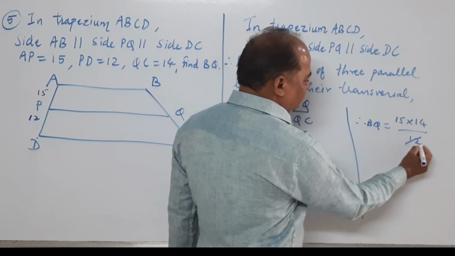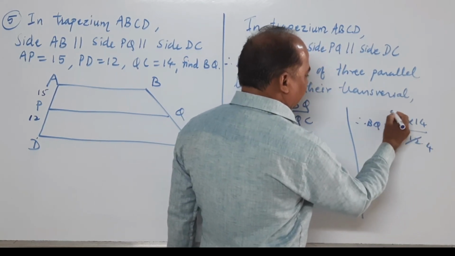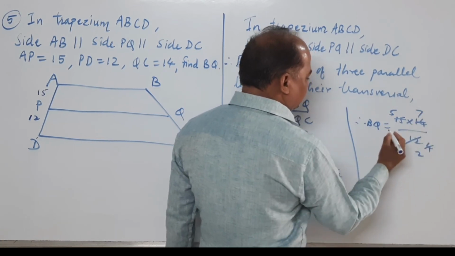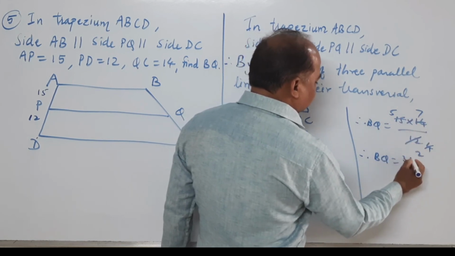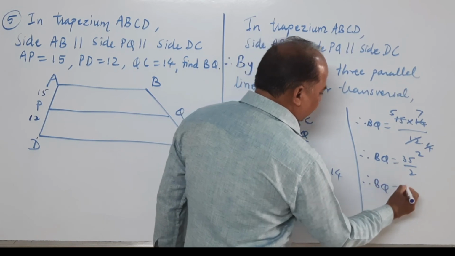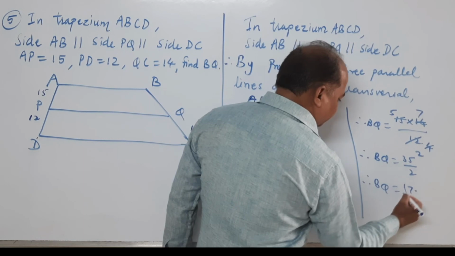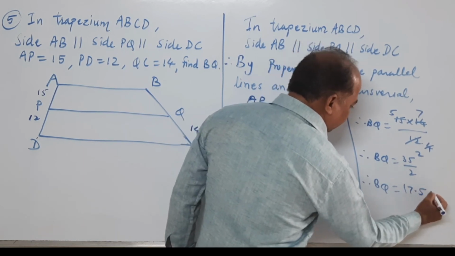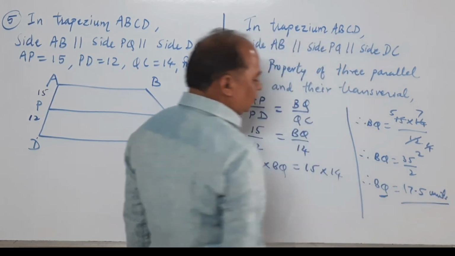Dividing, 3 4s are 12 and 3 5s are 15, 2 2s are 4 and 2 7s are 14, that is, BQ is equal to 7 5s are 35 upon 2. So 35 divided by 2, you get 17.5 units will be the length BQ.